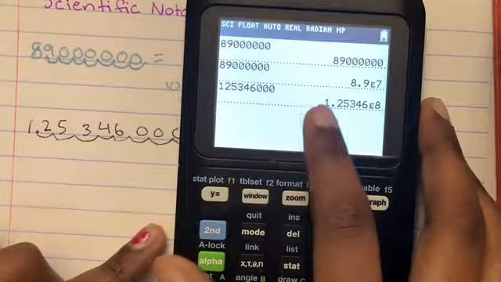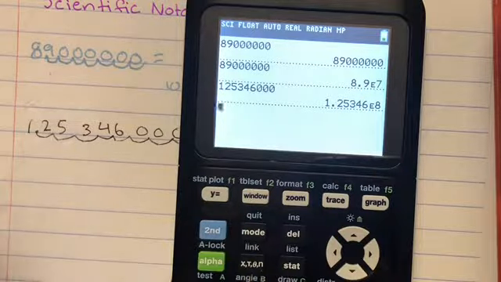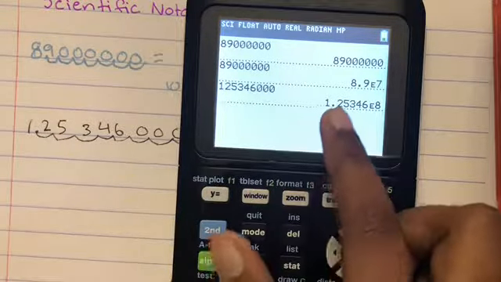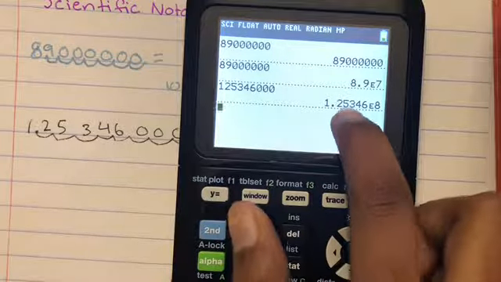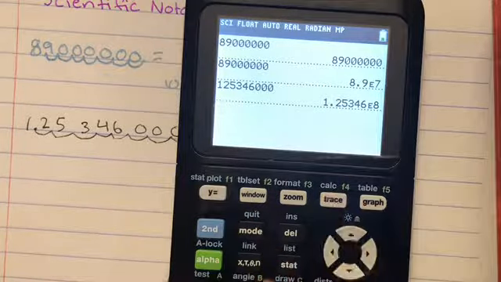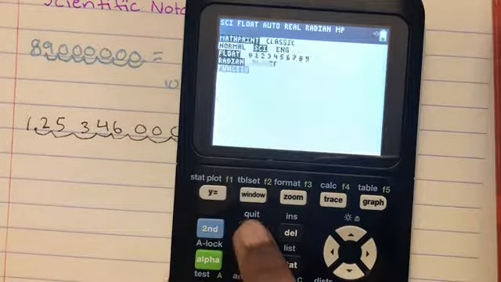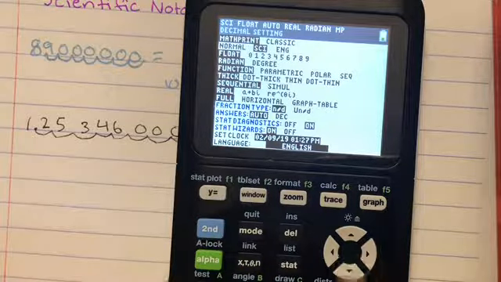Usually when we're using normal scientific notation, we go to float 2, which just means the numbers are going to stop after 2 places after the decimal point, and it'll just round to the hundredths place. So we just go to mode again, go down, and it says float, and you go to float 2.